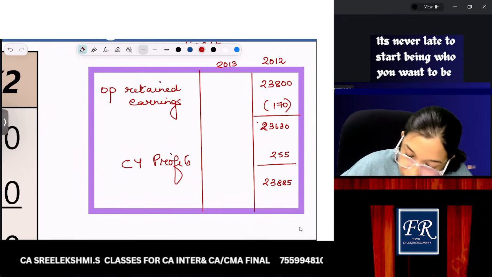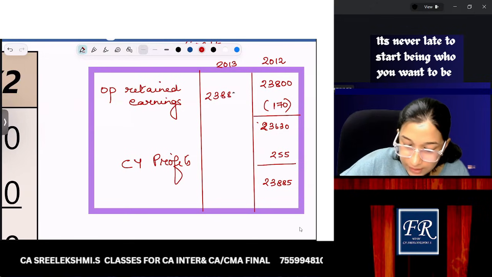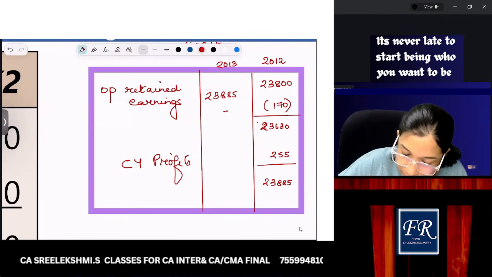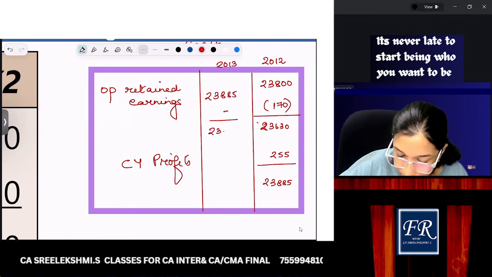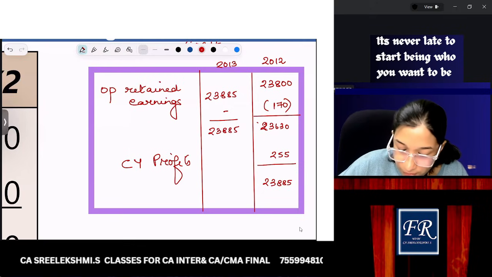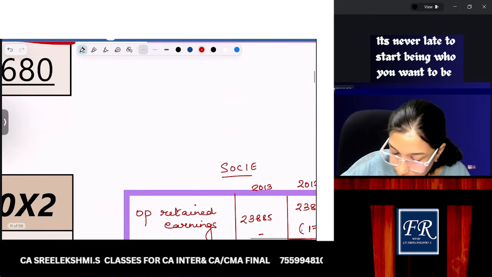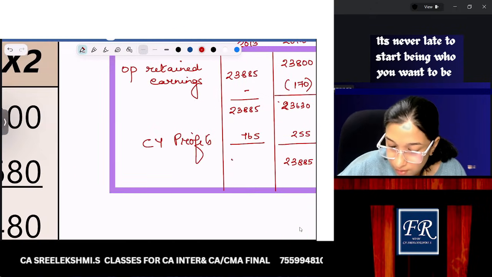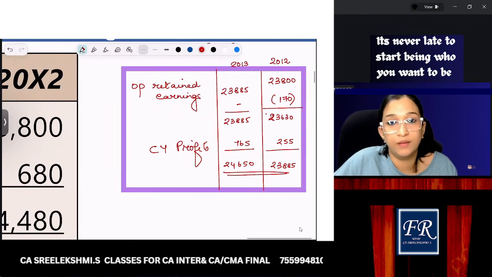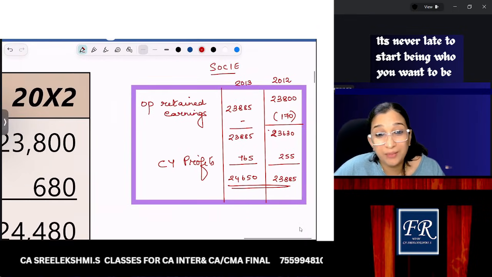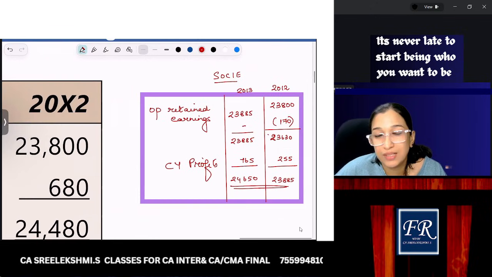And here 2013 opening retained earnings is 23,885. And current year profits is 765. It is 24,650. So it's a very basic question. I hope this is okay.